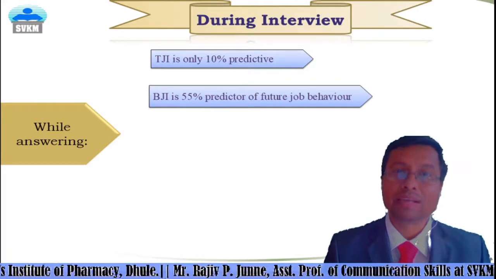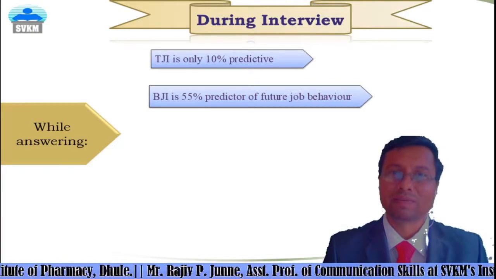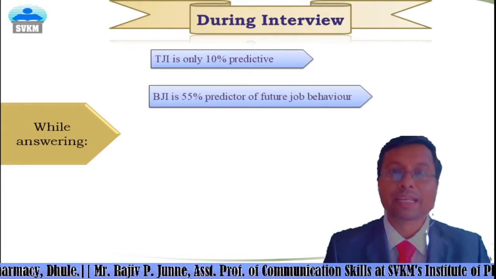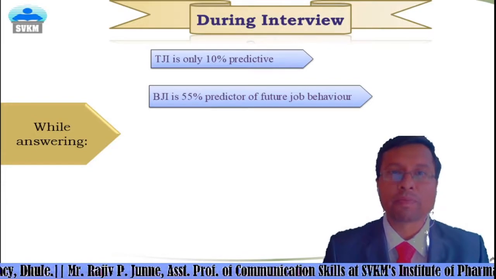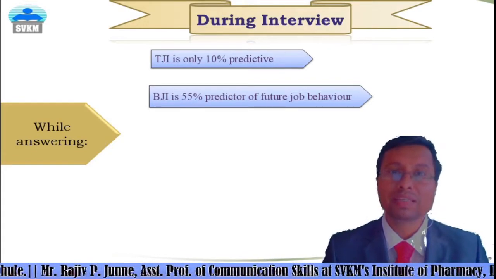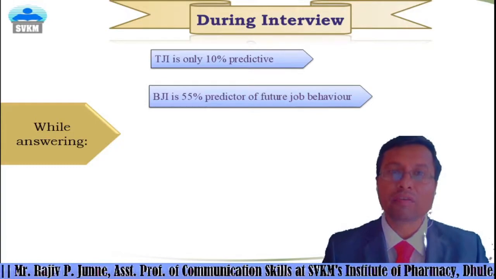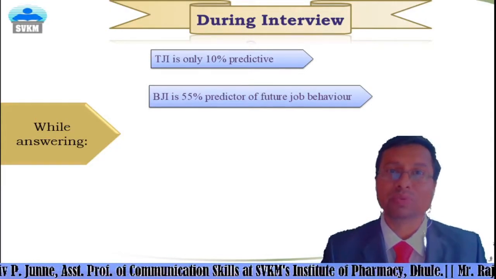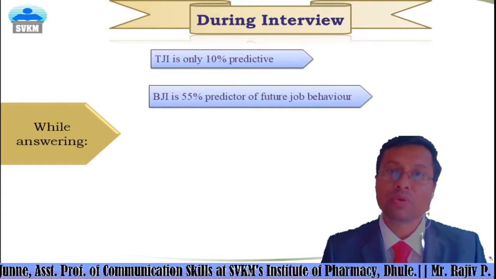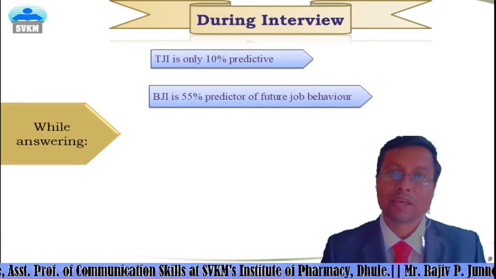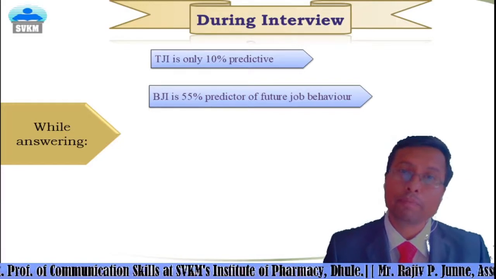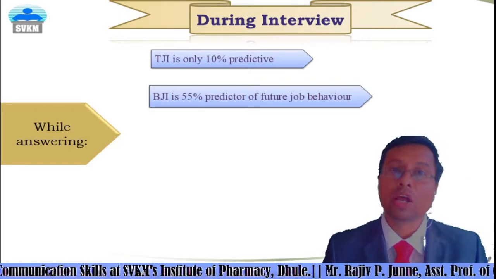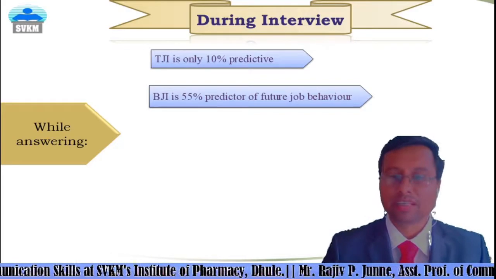Because it is a predictor of only 10%. Whereas BJI, that is behavioral job interview, is a predictor of more than 55%. So nowadays in modern context, the interviewer focuses on what kind of style? Behavioral job interview style. So friends, if you analyze this style, if you orient yourself towards BJI, definitely you can be productive, you can be successful, you can be constructive during your interview.